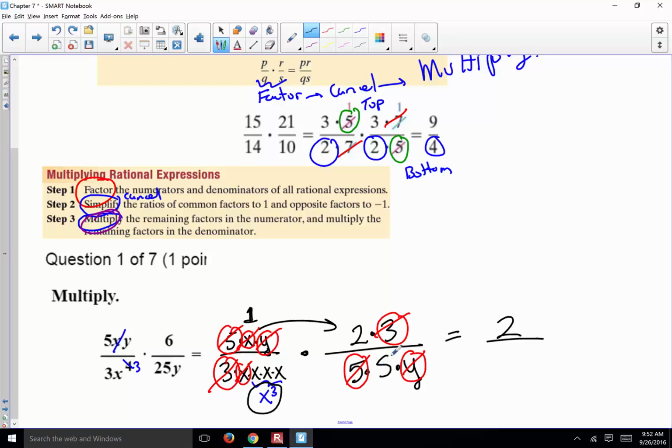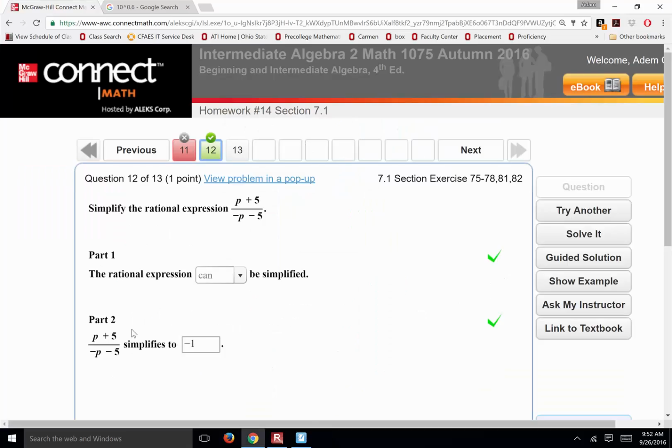X cubed and 5 is left, so it's... Don't write x cubed 5. We like numbers in front of variables. It's not incorrect though, but we like numbers. It's just a tradition before variables. 5x cubed.